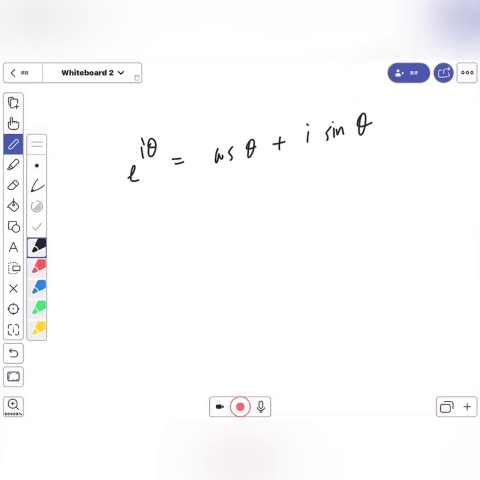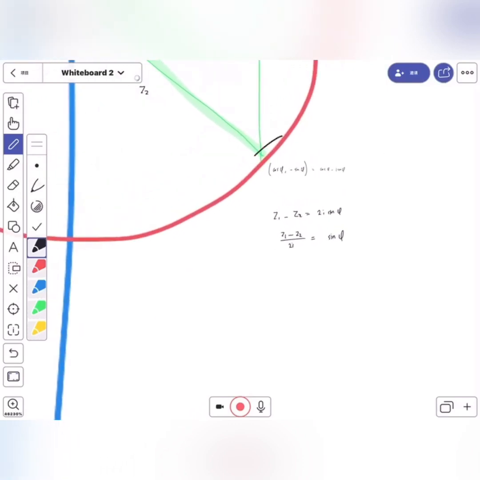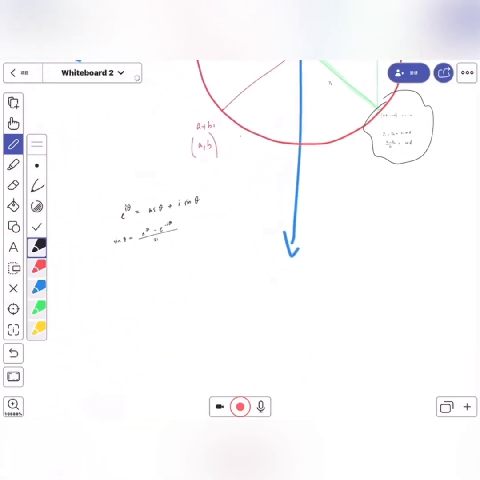So essentially, from here we see that sine of theta is equal to e to the i theta minus e to the negative i theta over 2i. For this one, we are literally using what we came up with.